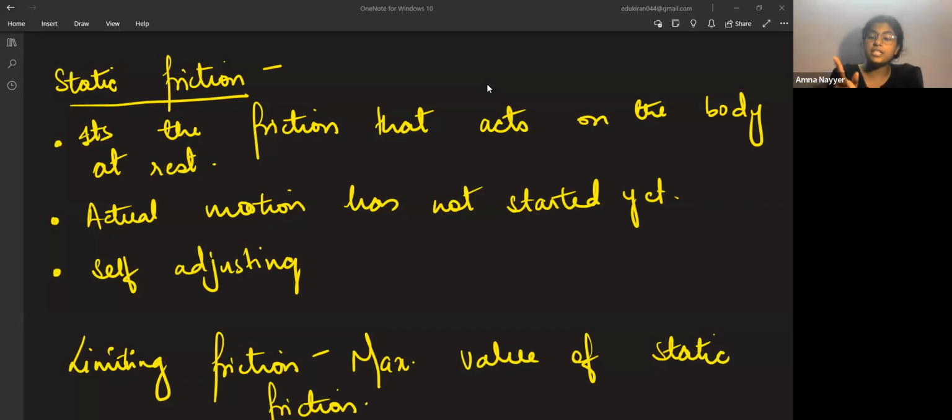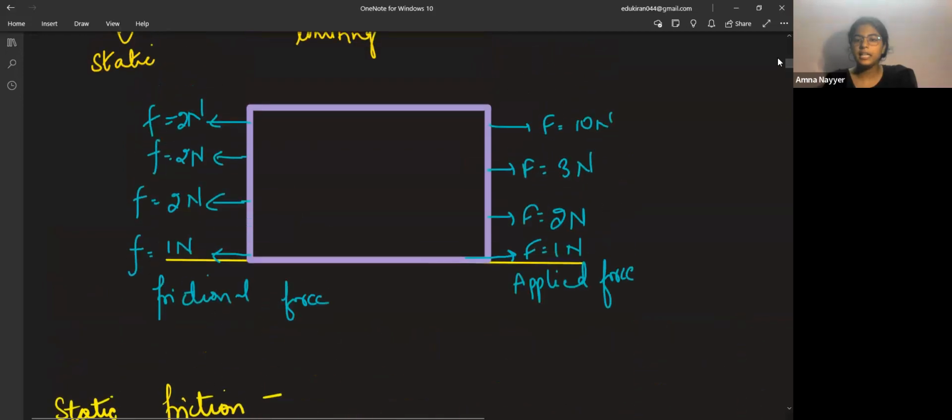And this is self-adjusting. In this example, when I applied 1 Newton of force, the frictional force was 1 Newton. This is the static friction. The body isn't moving. When I applied 2 Newton force, notice static friction is self-adjusting. It became 2 Newton itself.